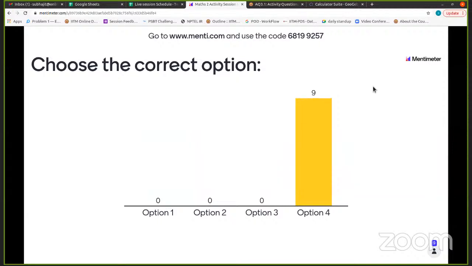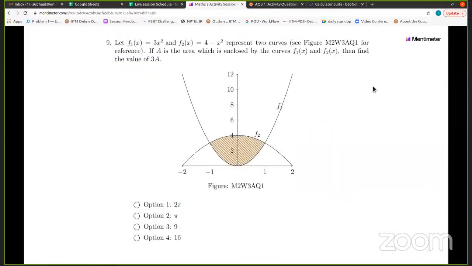Can you explain the process? How can we solve this? Someone please explain. Calculate the integration for both equations and subtract one from the other, from minus 1 to 1. Where did you find minus 1 and 1? By equating them, like the intersection points.